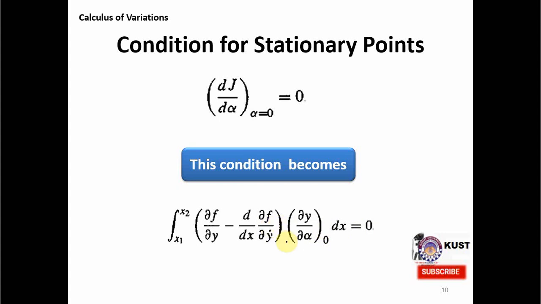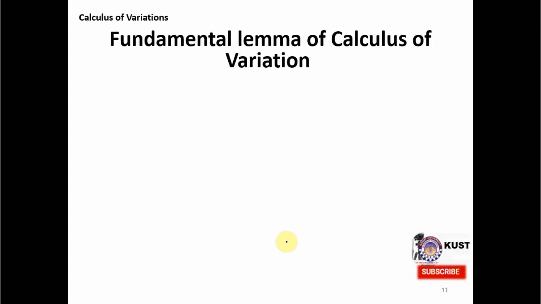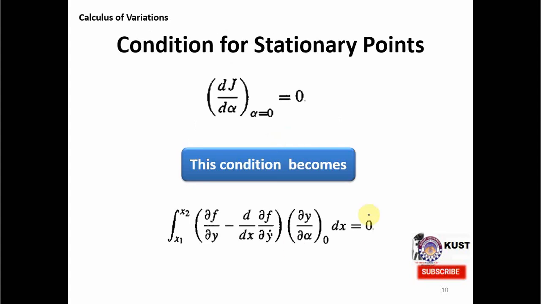In order to know this, we have to go to the technique called the fundamental lemma of calculus of variation. This fundamental lemma tells us that if we have the integral of 2 functions, let's call them m of x and eta of x, dx equal to 0, going from x1 to x2, then... we are trying to understand this lemma in order to understand this equation, which is the condition for stationary points.